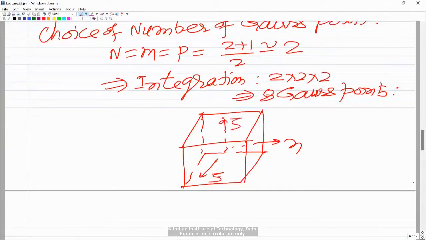So the points, if you look at, we will have 8 points, 2 points along the xi direction, 2 points along the eta direction, and 2 points along the zeta direction. So you will see that those points are going to be somewhere here. They will not be just at zeta equal to -1, but above that. So these points are somewhere here, and similarly, somewhere here we will have these 4 points like this. So these will be the 8 integration points, 4 plus 4. So these are the integration points.